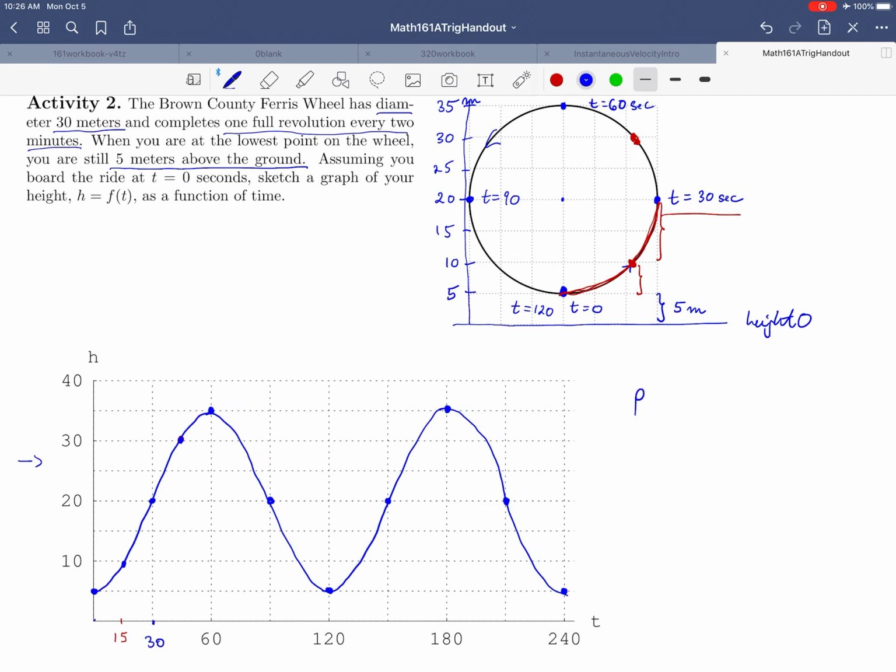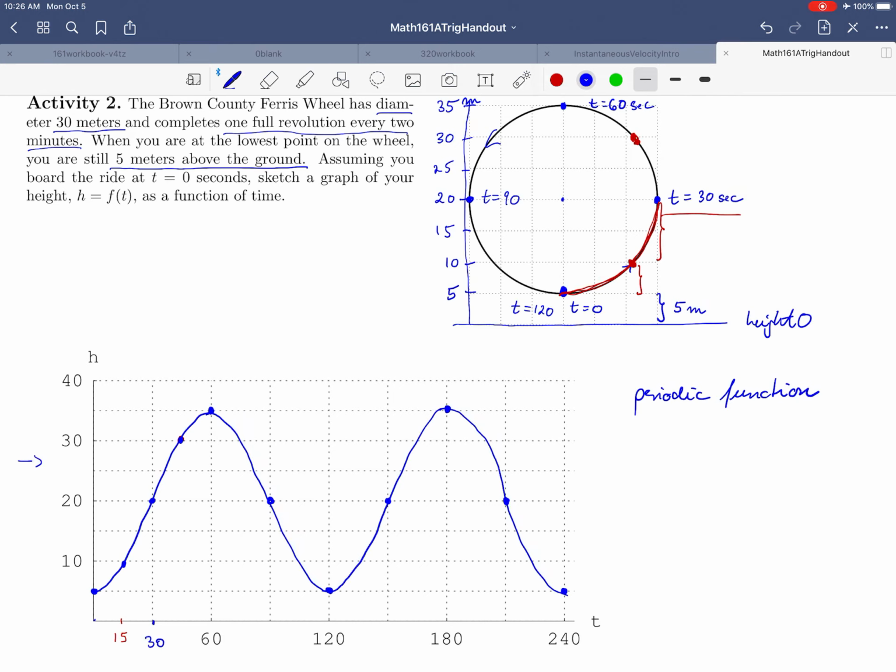We call this a periodic function because it keeps doing the same thing over and over again. I could shift my function over and it fits itself exactly. We are repeating the same motion over and over again. We go through the same values over and over again.